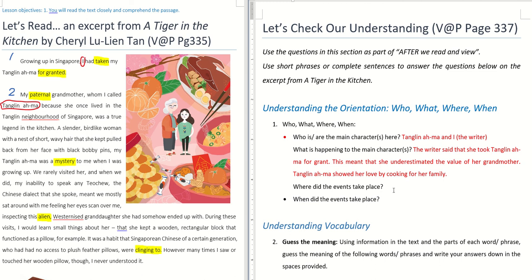Where did the events take place? Of course, the events took place in Singapore, and also in Tangling neighborhood, or even the kitchen.